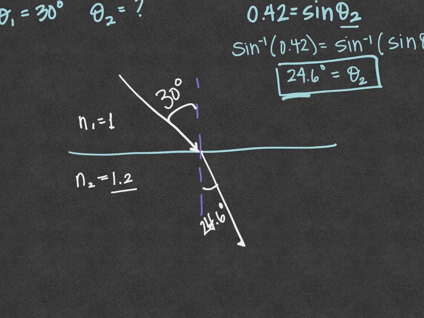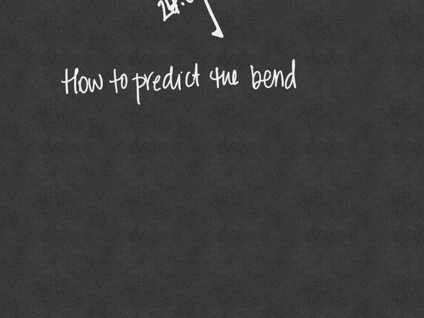So the higher this number here, the closer to the normal the ray will be. If the two materials have a very similar index of refraction, if both of these were almost 1, then the ray would not bend very much because there's not much of a difference. In general, we can determine the bend by looking at the relative sizes of the index of refraction.